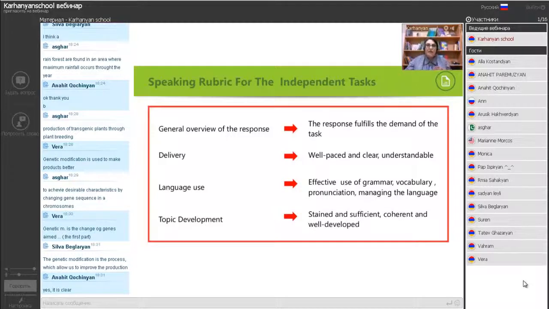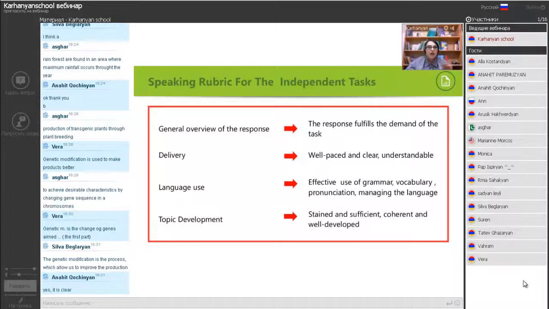Of course, there can be minor errors, minor lapses, but they mustn't hinder the intelligibility of the whole response. So be careful while delivering your speech. You mustn't speak in a way that is unclear or not understandable. So you must speak clearly.